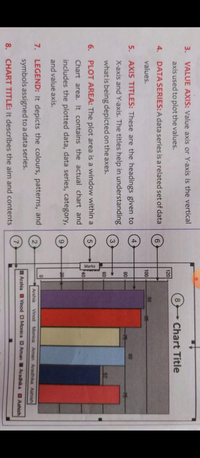These are the headings given to the x-axis and y-axis. For example, here on the x-axis, the names of the persons or students have been depicted, and on the y-axis the axis title is marks.